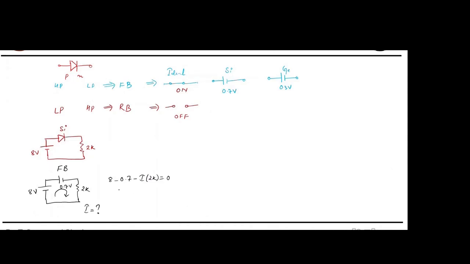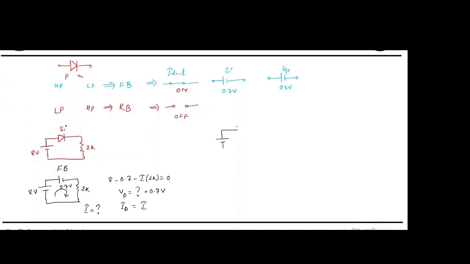And what is the voltage across the diode? 0.7. And what is the current through the diode? It is the same as I because they are in series.